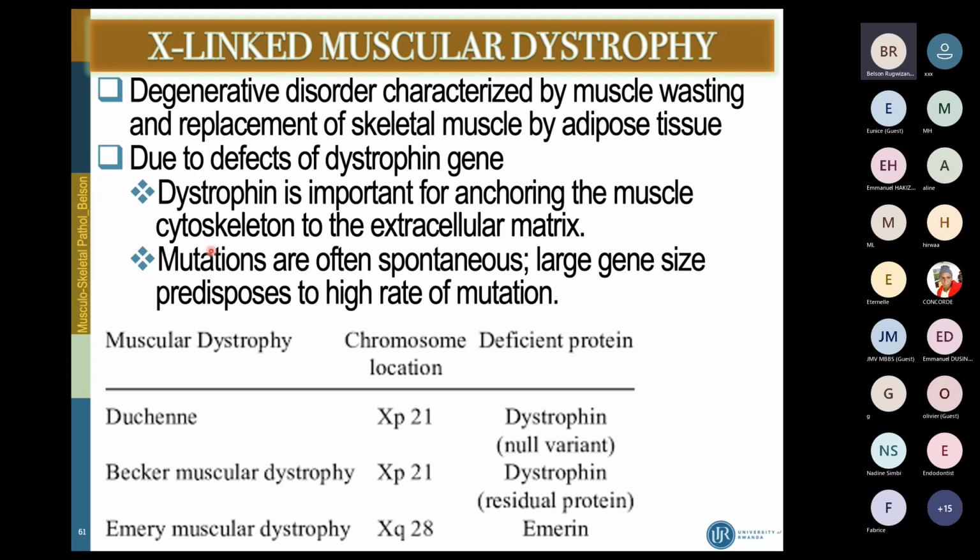So we have different diseases in this category. We have Duchenne disease, ari nayo yiganje nayo turavugaho, Becker muscular dystrophy and Emery muscular dystrophy. And you see that all of them, they have mutations in X chromosome.